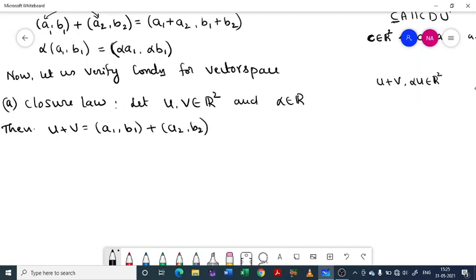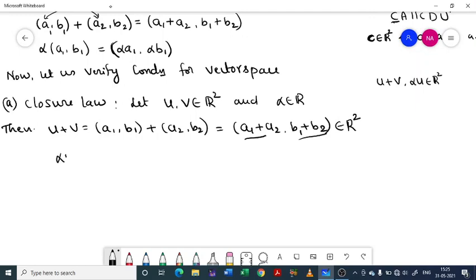By definition of vector addition, this is a1 plus a2 comma b1 plus b2. So by definition of vector addition, definitely this belongs to R square. Why? Because it is a pair of real numbers.